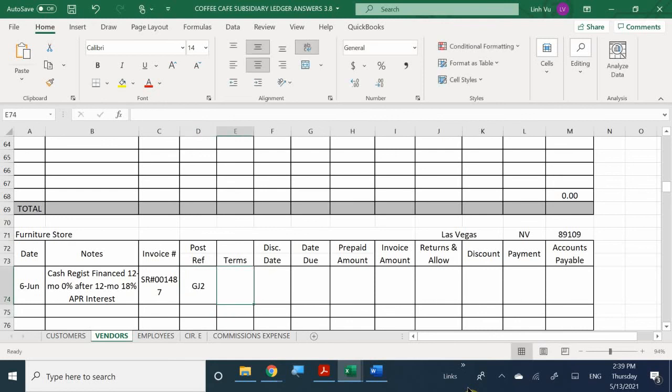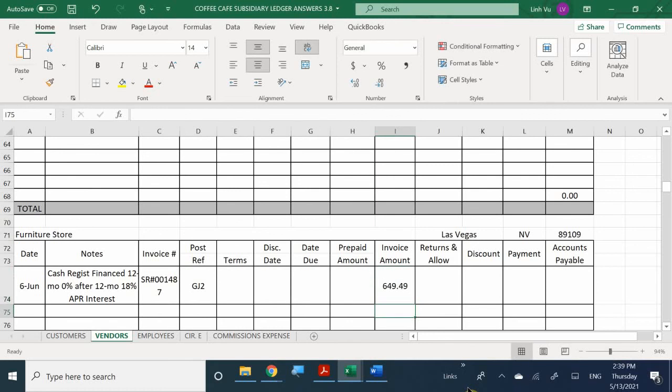Again, because this isn't an invoice, you're financing it, so you're not going to get any discounts off of it, obviously, because you're financing it. No, you didn't make a prepayment because you went to the store and bought it. However, now we do have an invoice amount. It's for $649.49.